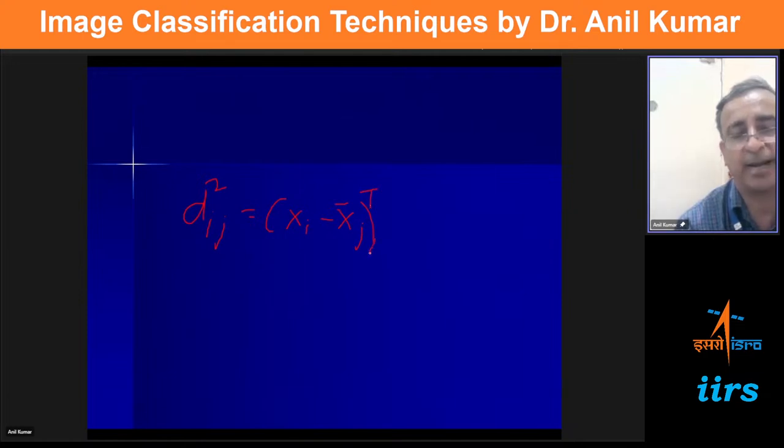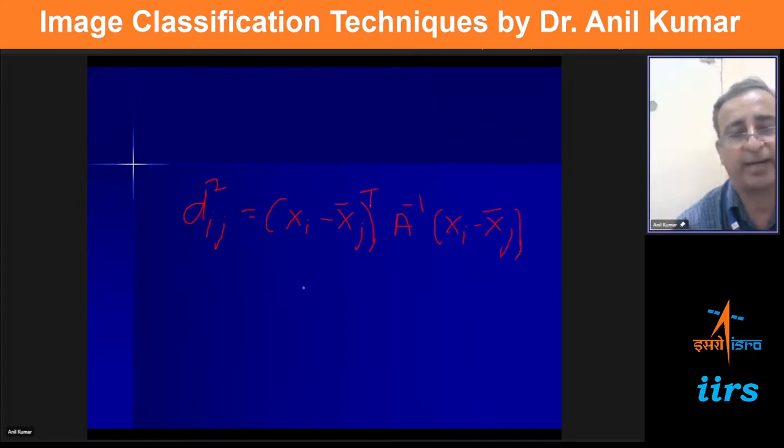As I told you, an image is a matrix and array. So here you can see the example of arrays: vector A inverse, then (xi minus x bar j).